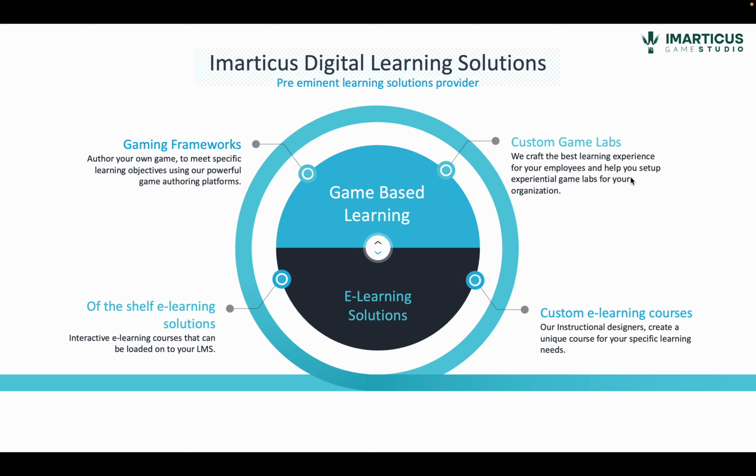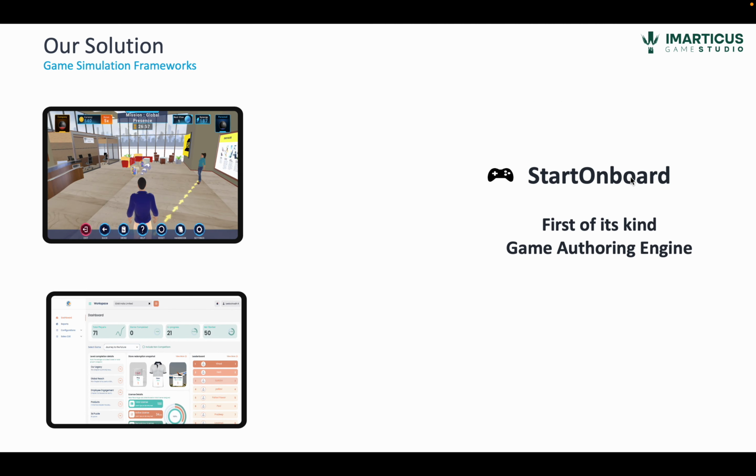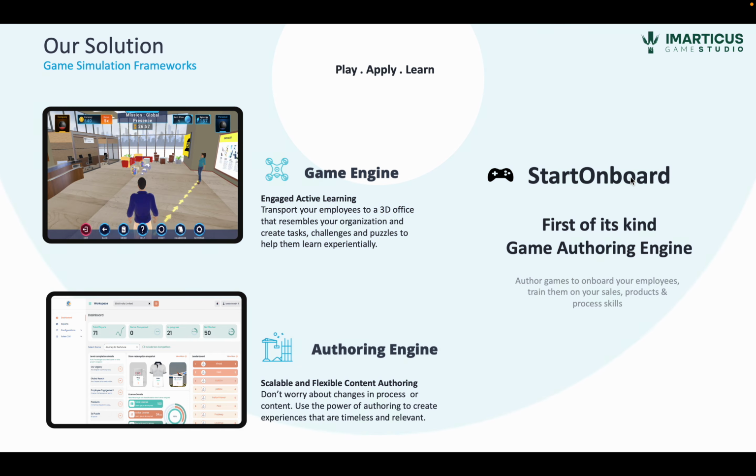Within these two paradigms, we have custom courses, which means we understand your specific needs and build courses that meet your needs. Or we also have our own products and frameworks that we leverage to build these games and e-learning courses for you.